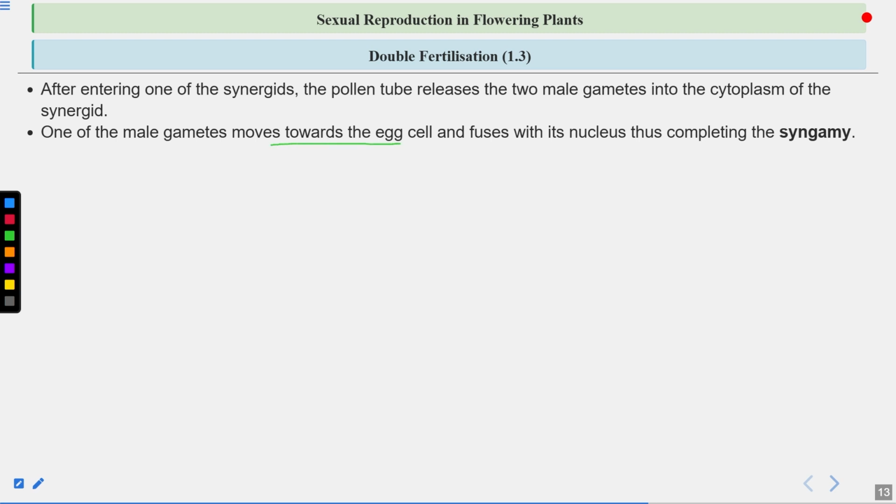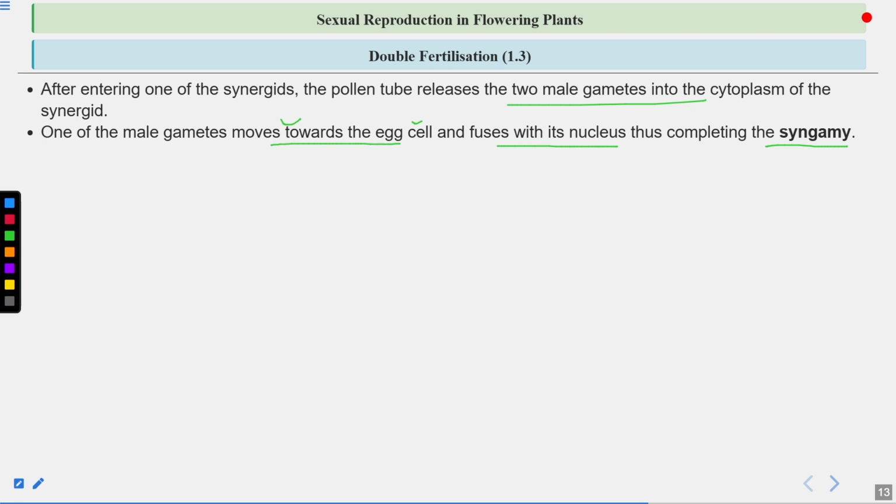Now, very important point. 2 male gametes were there, and out of those 2, one of the male gametes moves towards the egg cell and fuses with its nucleus, the egg cell nucleus, and completes the syngamy process, the first fertilization.